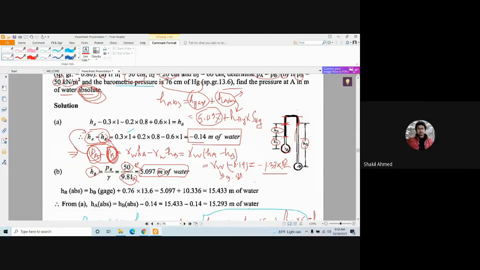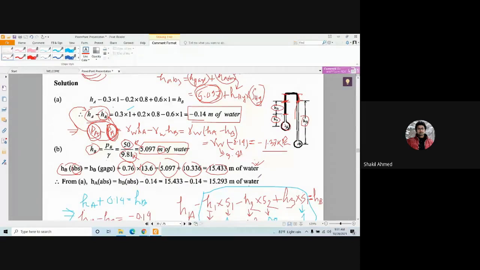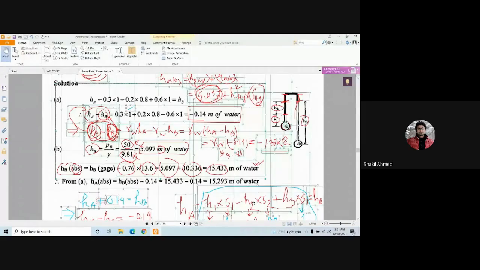That's what they have done. H mercury is what? 76 centimeter. That means 0.76 meter. And S mercury is 13.6. So this is 13.6, and this is 5.097, plus this. So you got HB absolute in terms of water. Clear? Yes, sir. Clear.